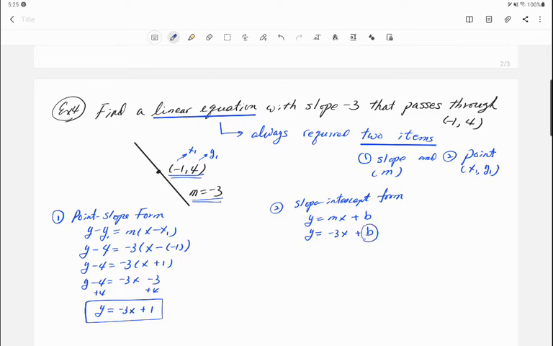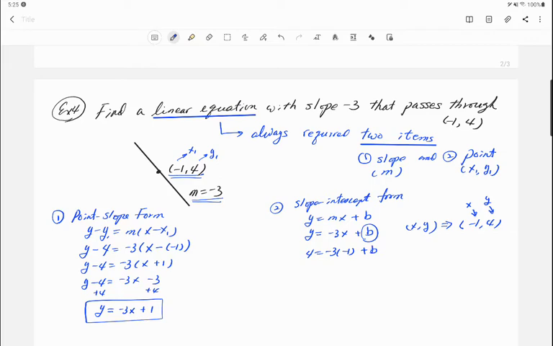So we need a value for x and y. In that case, for x and y, we will use the given point, negative 1 and 4. So use negative 1 for x and 4 for y. So y is 4 and x is negative 1.